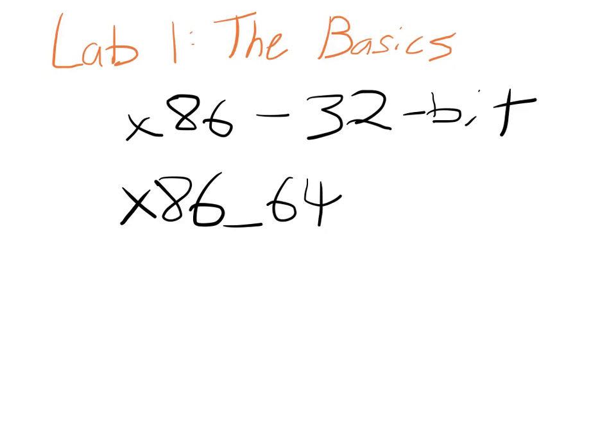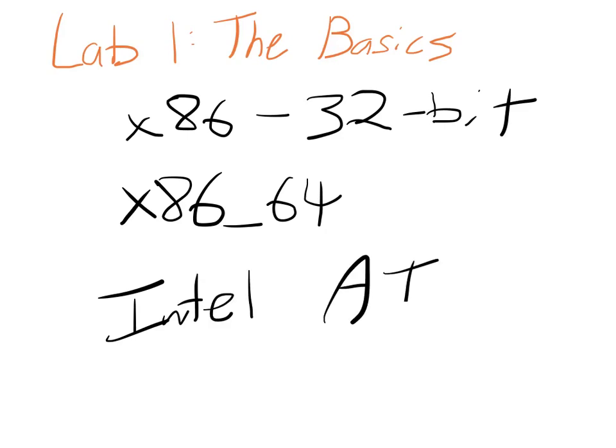Now, there is more than one version of the x86 assembly language. We have the Intel version, and we also have the AT&T version. The only difference between these two is the syntax. As we'll learn over the course of the semester, assembly language instructions commonly take two arguments, or two parameters, known as the source and the destination. Intel instructions have the destination followed by the source as the arguments.